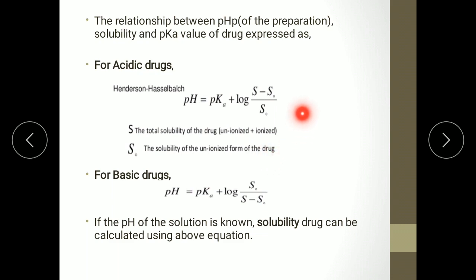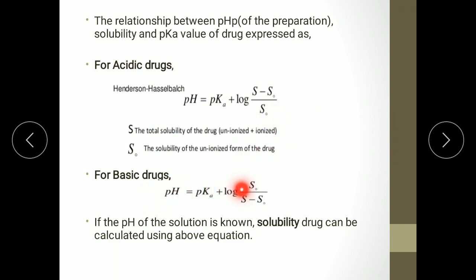Now here is some modification of the Henderson-Hasselbalch equation. Earlier we have seen the concentration of ionized plus unionized. Here they have taken the solubility of ionized and unionized.